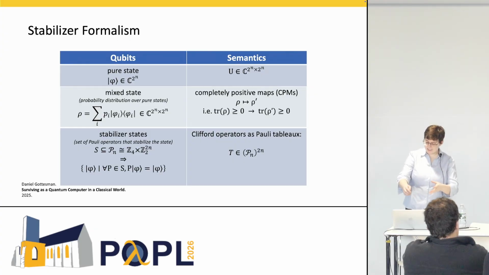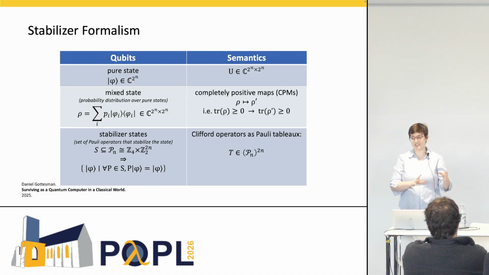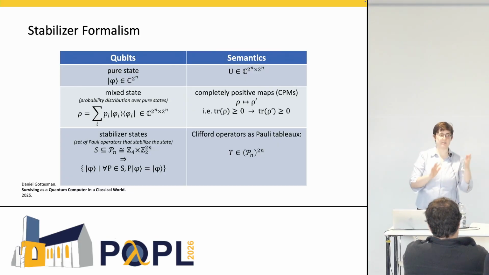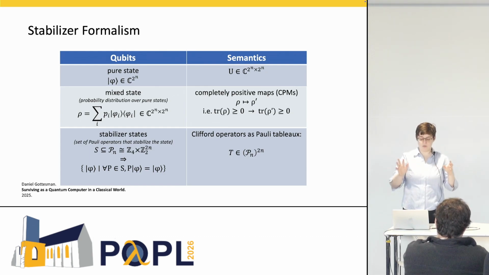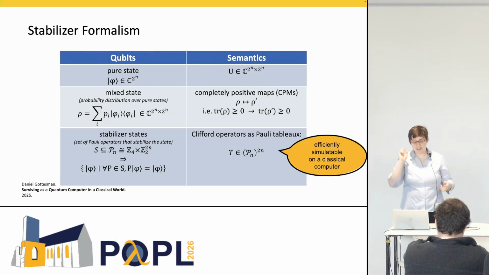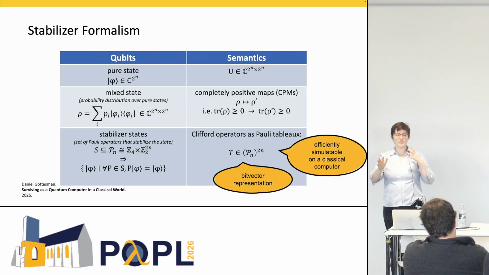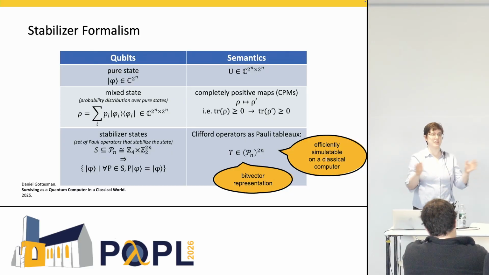So because this tableau is just talking about sets of Paulis, that can in and of itself be represented as a bit vector representation. So ultimately the story is that all of these things, the stabilizer formalisms, can all be reduced to bits.